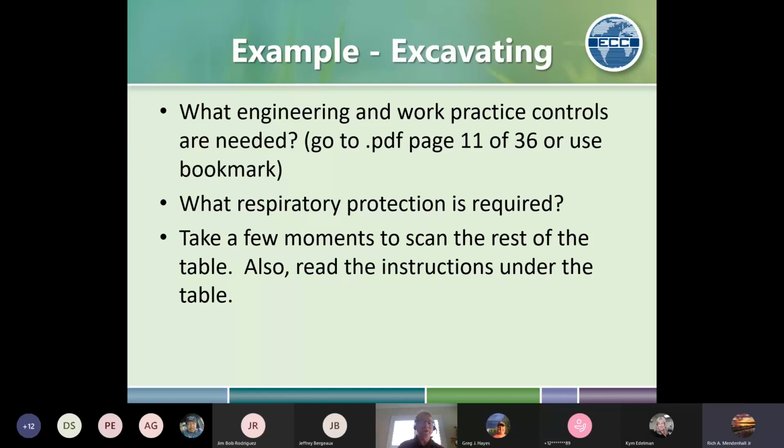Hang on, Rich. Actually it does tell you, but it's in the notes at the end of the table. So go to the next page and look at, let's see, it says II right before the 2 there.